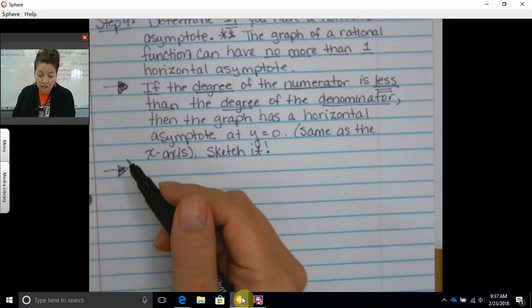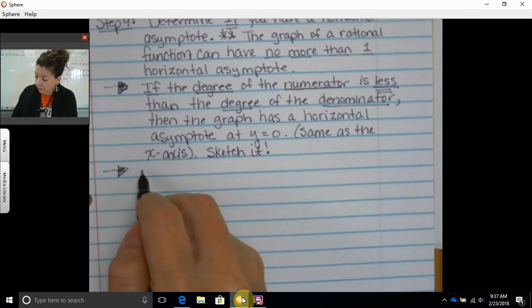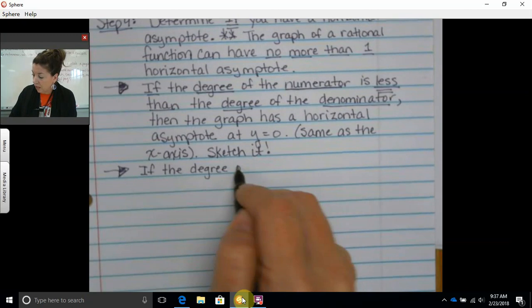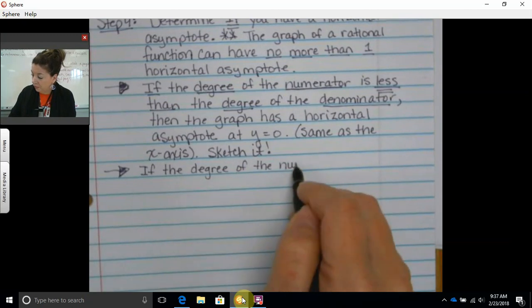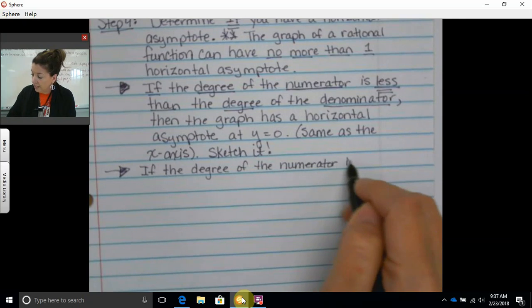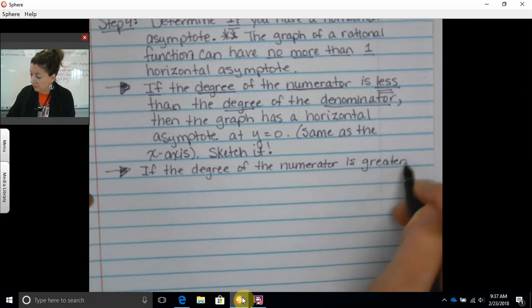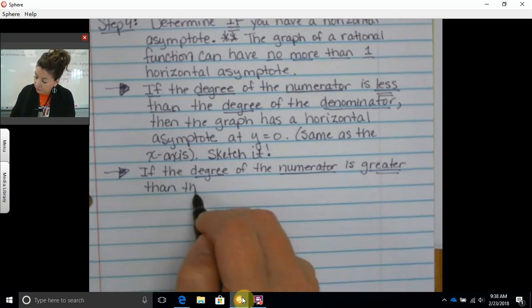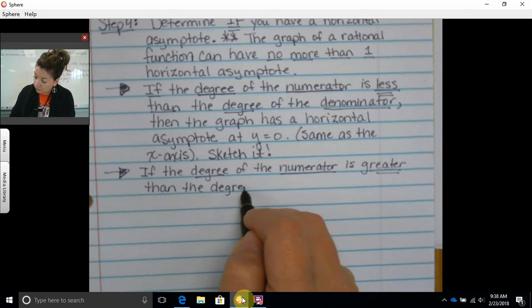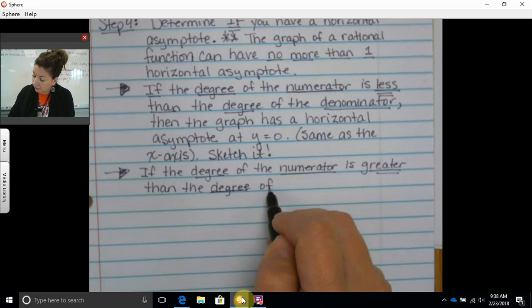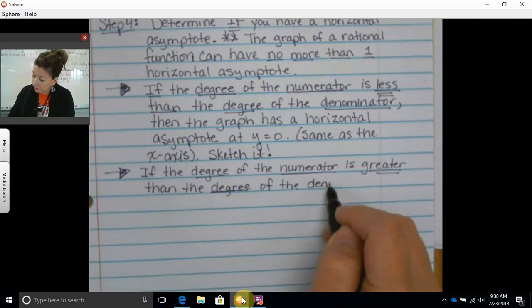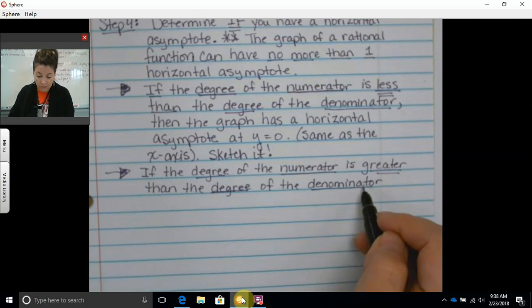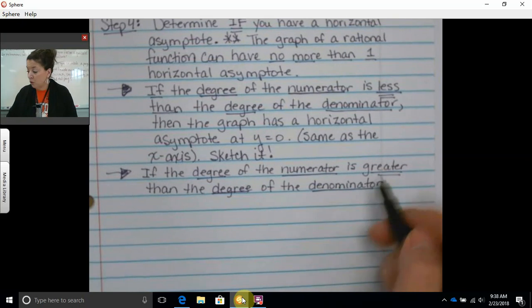If the degree of the numerator is greater than the degree of the denominator, then the graph has no horizontal asymptote.